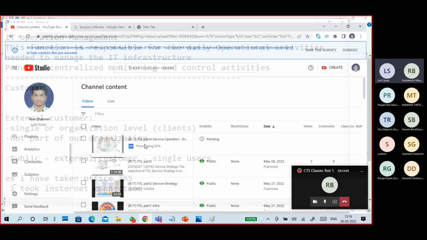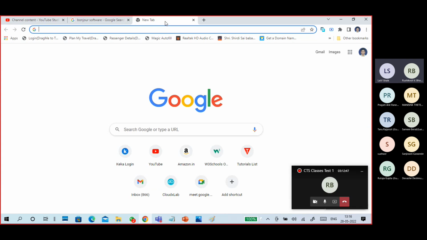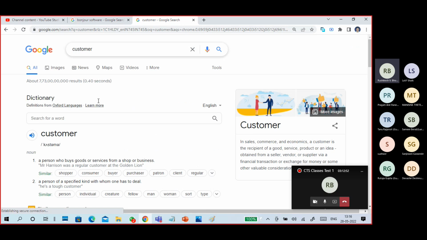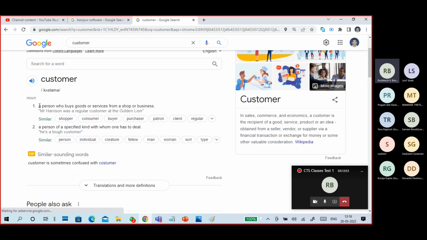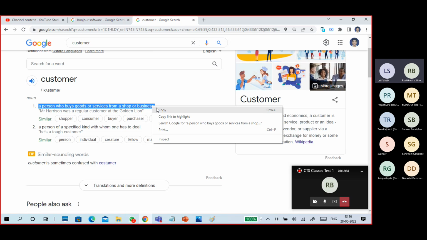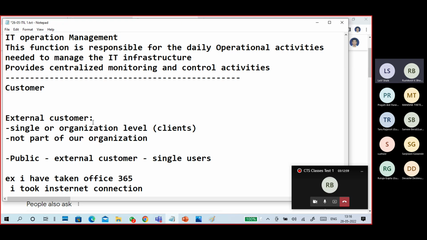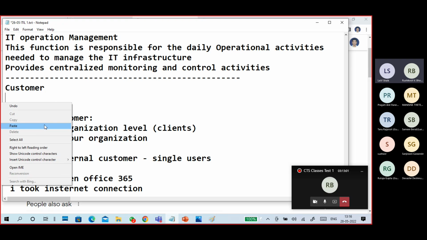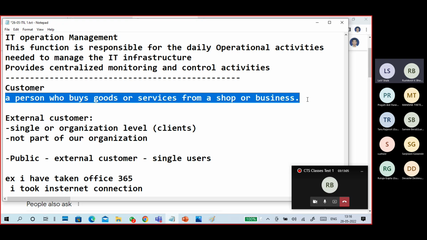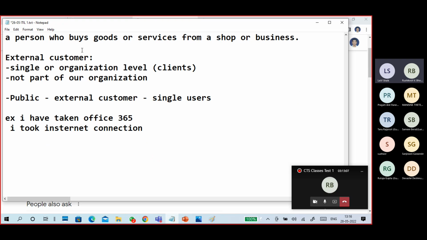Guys, look here. When you type customer: a person who buys goods or a service from a shop or a business. This is the simple English meaning. Those who buy become customers.